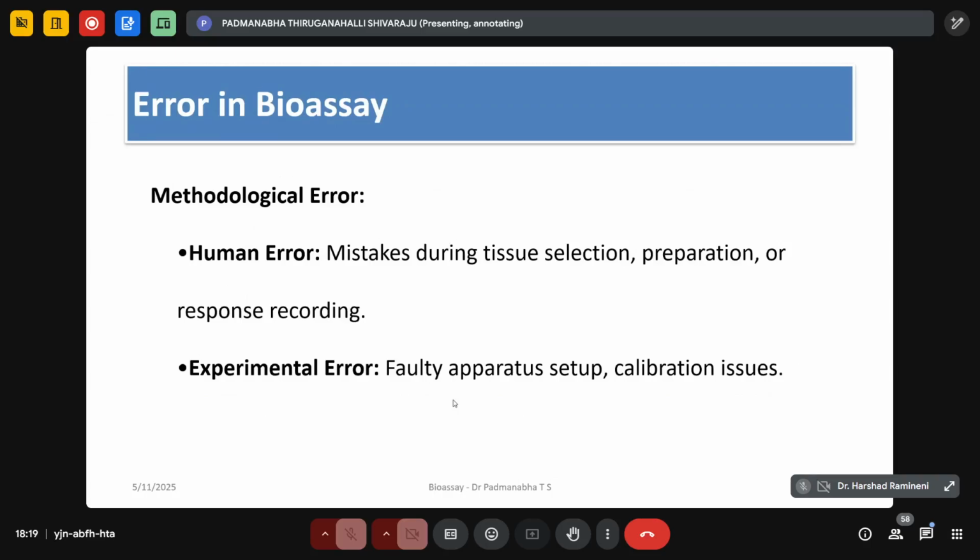So every step is very crucial if we want to get accurate results, or when we want to know the concentration at which these unknown substances are producing the results. Apart from that, we also have experimental error, such as faulty apparatus. So we need to check the apparatus settings very carefully. Calibration is very important. Even a minor issue with calibration can make it very difficult to measure or quantify the amount of unknown substance producing the responses.